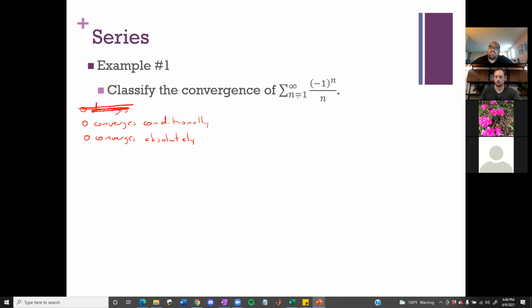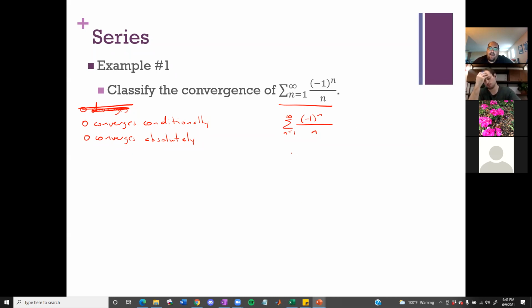Does the series as written converge? As I gave it to you, does that converge? No, this one actually converges. So this is the first example we looked at with the alternating series test.